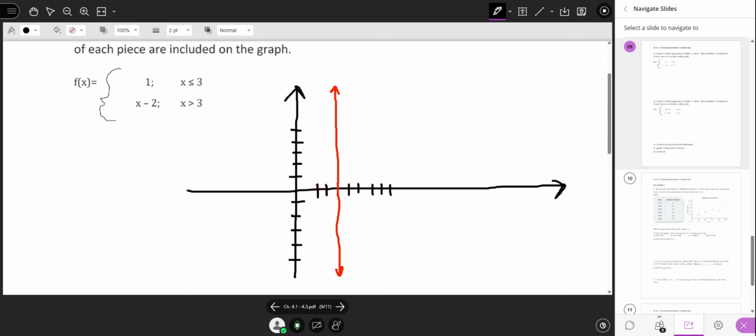All right. Now, as long as x is smaller than 3, we have y equals 1.